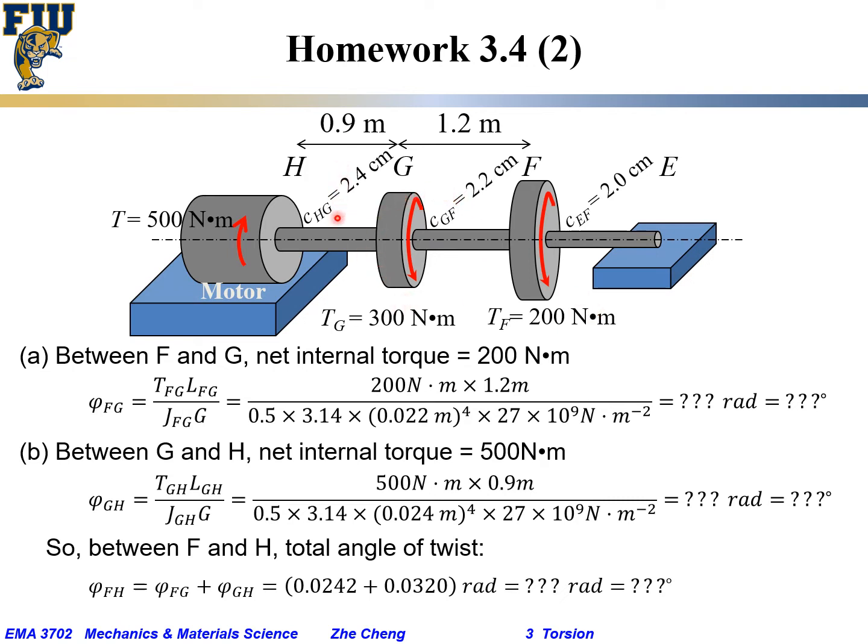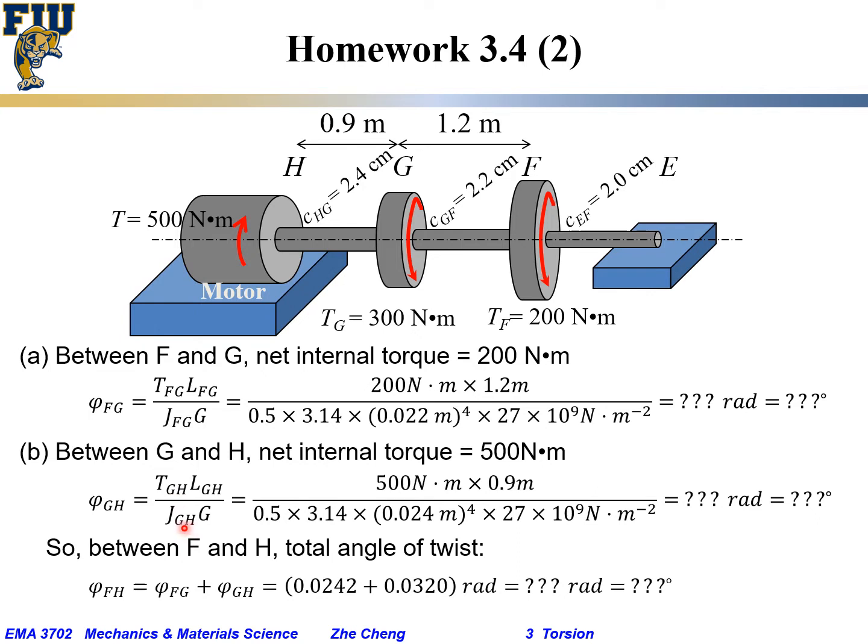So looking from the right side, we also need 500 to balance it. So either way, the net internal torque at an arbitrary cross section between G and H would be 500 Newton meter. So similarly, phi would be TL over JG.